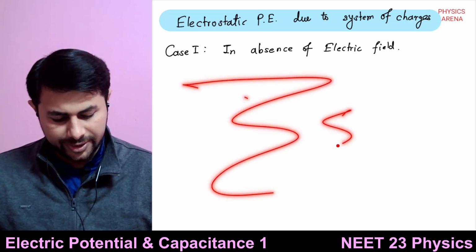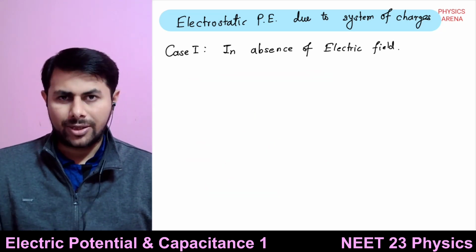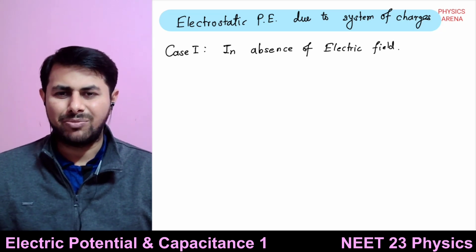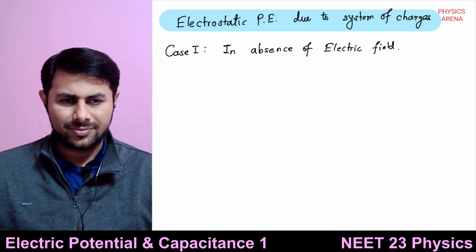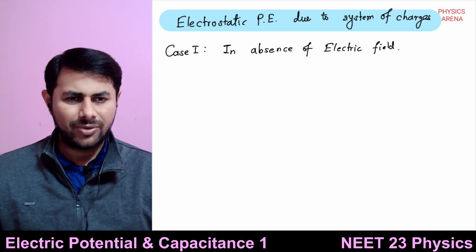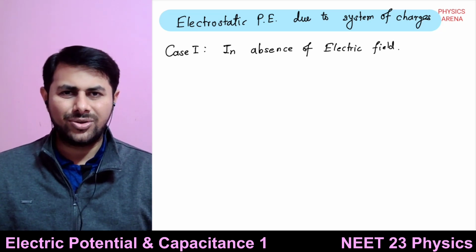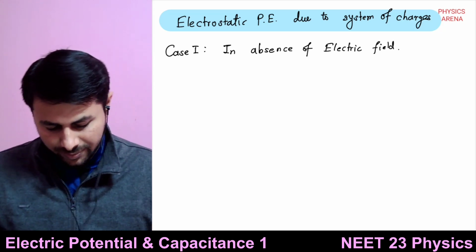Now suppose there is nothing in this space, and you bring n charges one by one. When you bring the first charge, how much would be the work done? It will be zero, because nothing is opposing us. There is no electric field, and no other charge which will oppose, right?